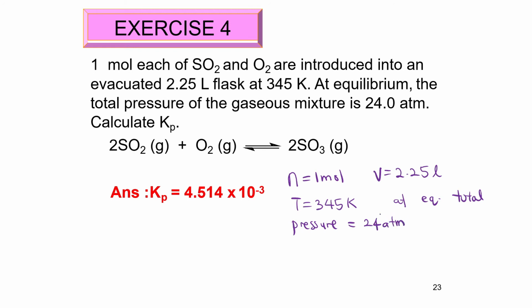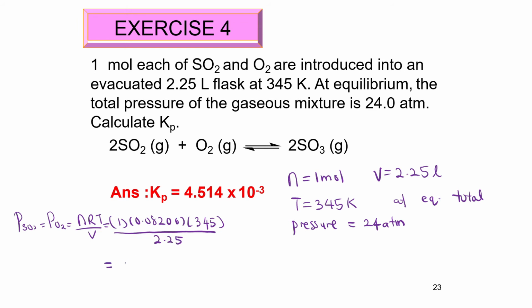So we can calculate the initial pressure for SO2 and also oxygen. So the initial pressure for SO2 equals the initial pressure for oxygen, which is equal to nRT over V. The number of moles is 1, R is 0.08206, the temperature is 345 Kelvin, over 2.25 liter.